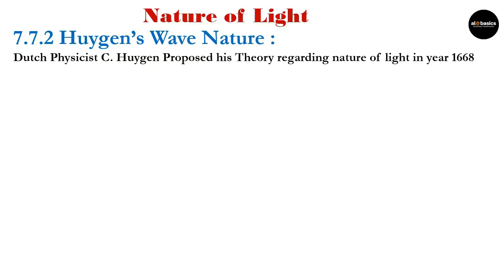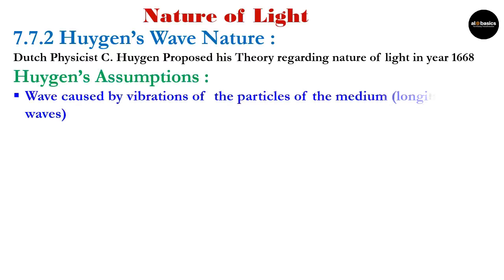Let us have a look at his assumptions regarding wave nature. What has Huygens considered? Huygens said that light is in the form of waves. He said that it is a wave caused by vibrations of particles of the medium.